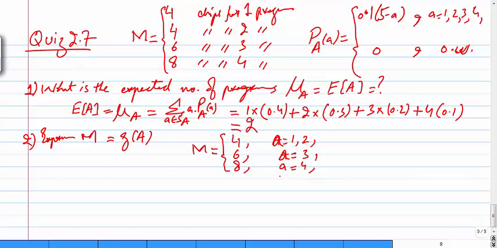This is the relation that maps A into M. So we can say that this is g of a equals M.